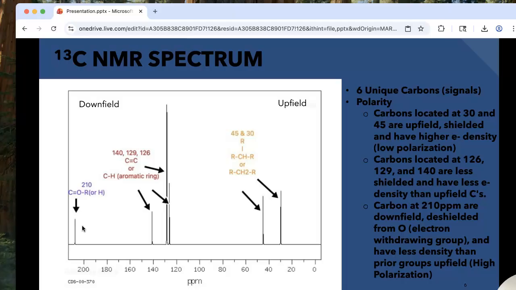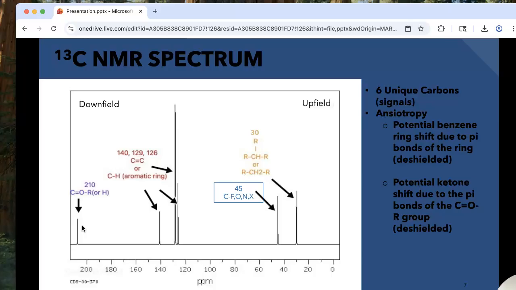So it's a double bond and it's oxygen, making it the most polarized, and it has the least amount of electron density compared to the other groups. So continuing on, the anisotropy that I could identify was based off this aromatic ring or alkene signals due to the pi bonds.